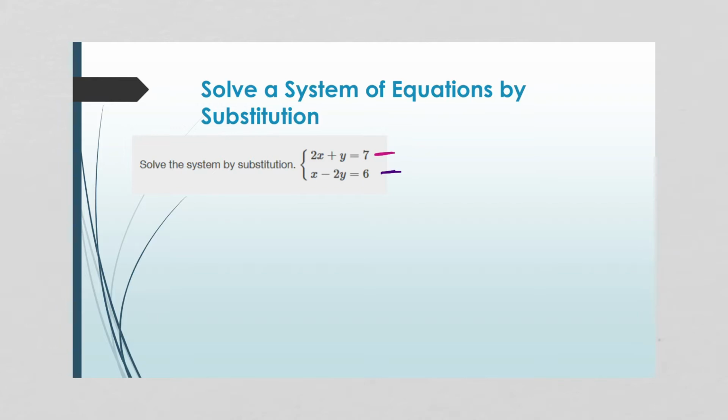Is there an X or a Y that I could easily make all by itself on one side of the equal sign? To tell you the truth, this one or this one would work. It doesn't really matter which one you choose. So I'm going to take this top one and solve it for Y. I'm going to get the Y all by itself.